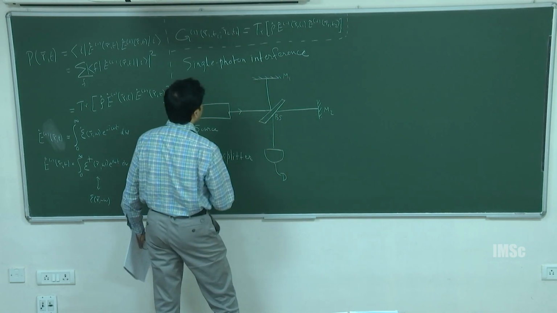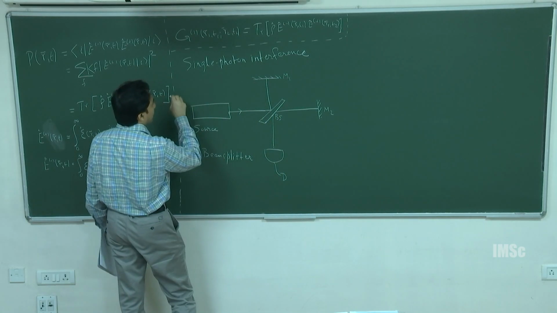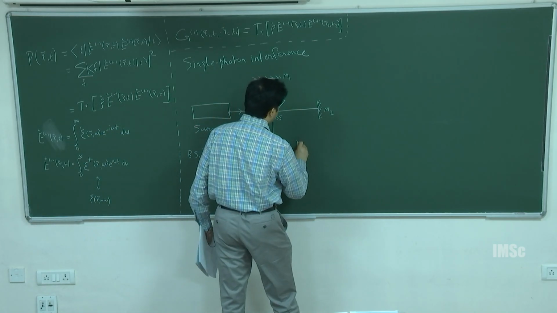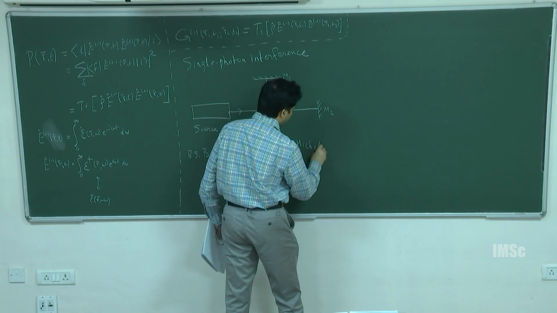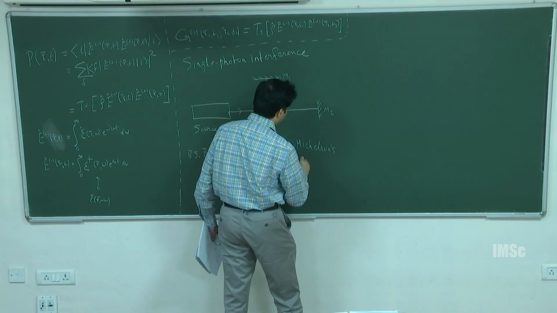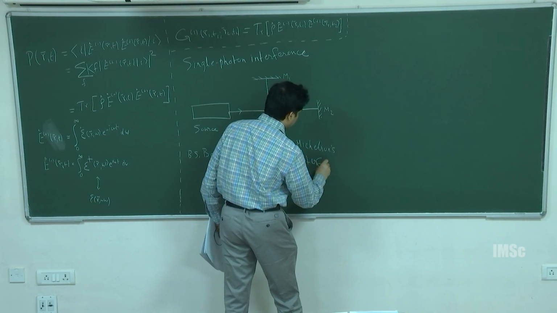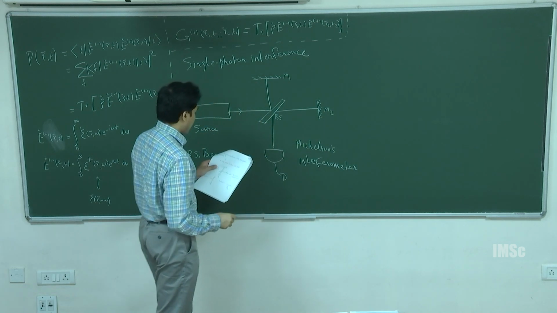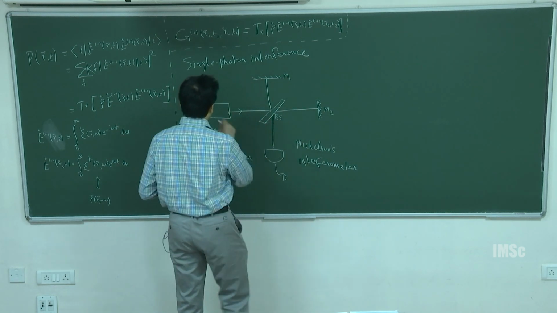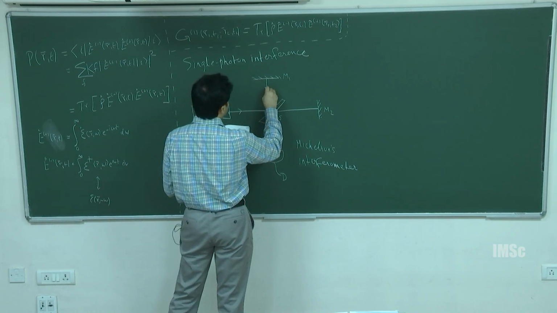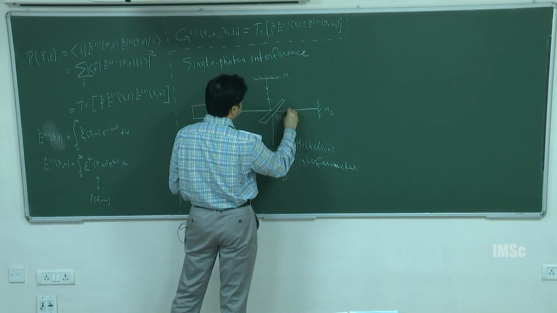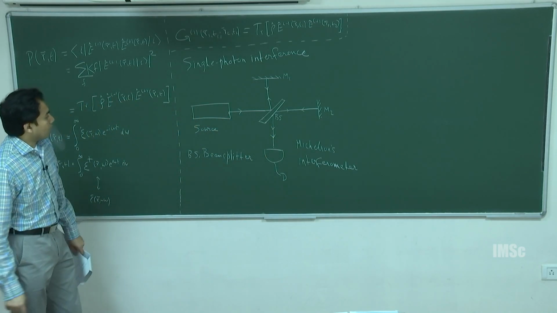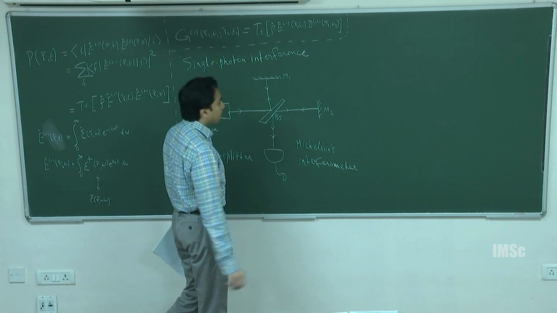This one is Michelson's interferometer. So look, what we have is, the source produces one photon at a time.